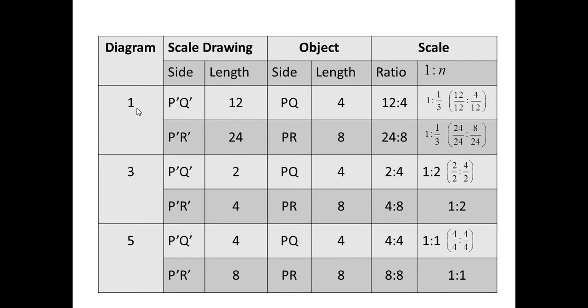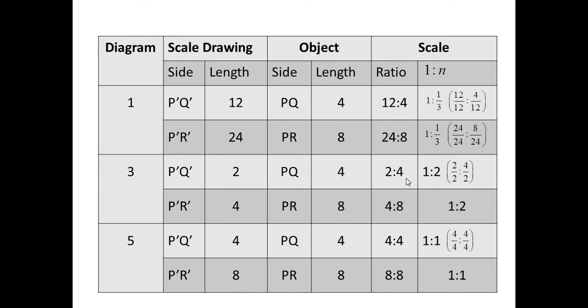Then look at diagram 3. We apply the same thing for the image and the object. The drawing P prime Q prime is 2. The object PQ has length 4, and the ratio we write as 2:4.